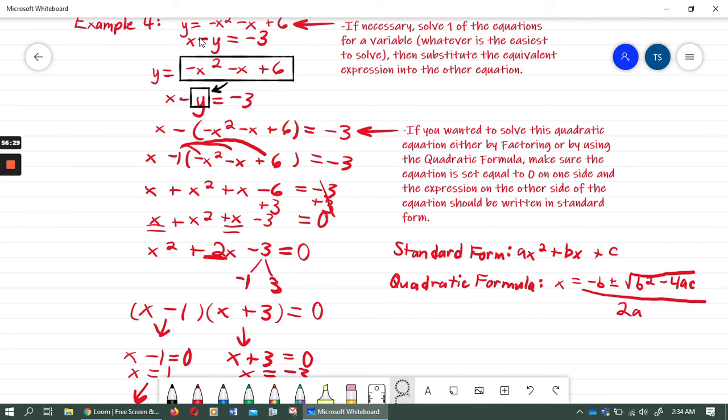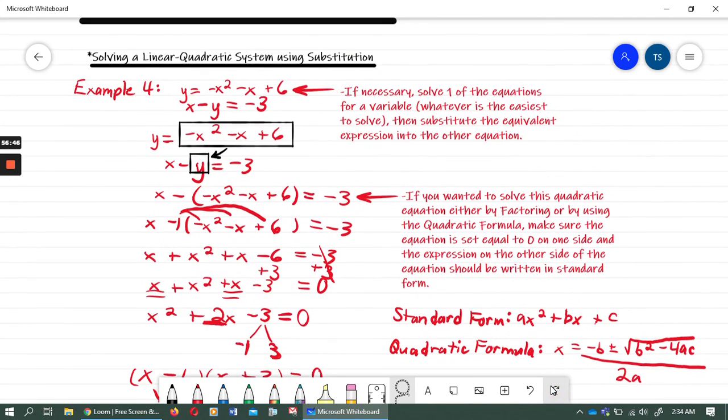Let me show you which one I'm talking about. Let me select that equation so you can see what I'm talking about here.